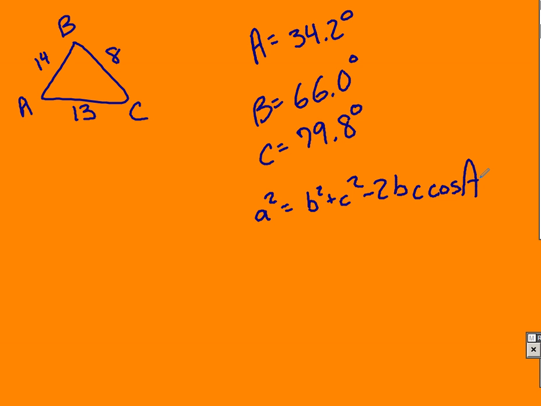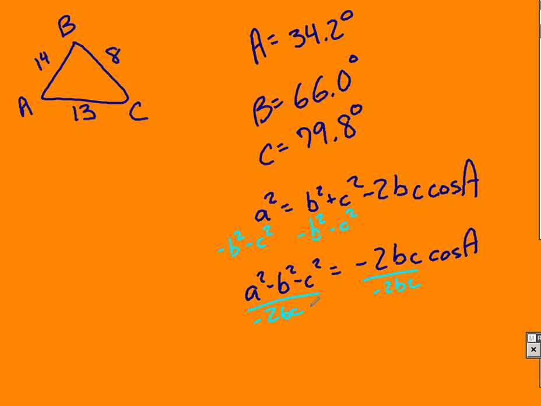Also, I should mention, if you prefer to do it a different way, instead of plugging in and then rearranging, I can rearrange first. I can subtract B squared, subtract C squared from the beginning. When I do that, I'm going to have A squared minus B squared minus C squared equals negative 2BC cosine of A. To get cosine of A by itself, I will divide by negative 2BC, which means I have to do that over here as well.